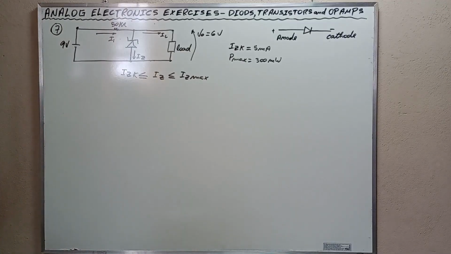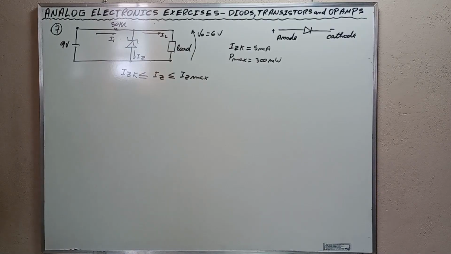As the exercise stated that the maximum allowed power dissipation is 300 milliwatts and the voltage across the Zener has to be 6 volts, we can find the maximum current through the Zener.